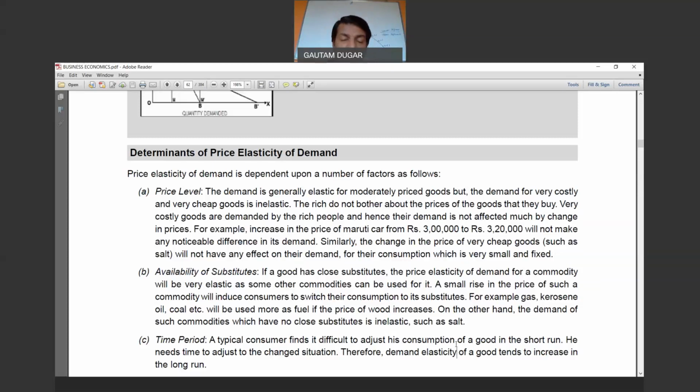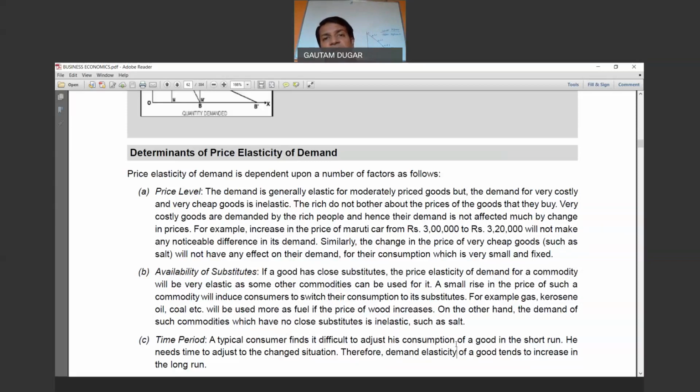Why? Substitutes are not available, and if the price is increased, I cannot move to any other product because a close substitute is not available. So I'll have to consume that commodity itself. So in spite of the price having been increased, the demand will not go down.